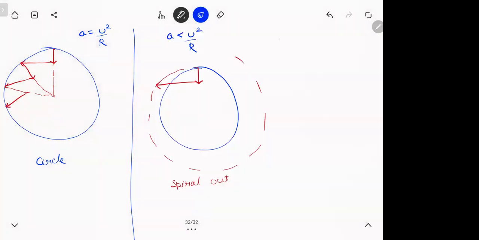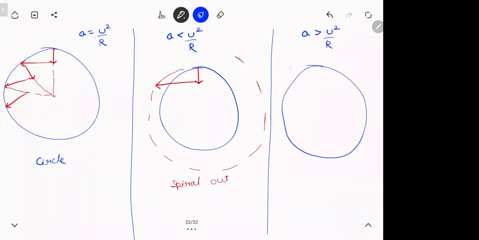So the particle won't go in a circle, it will spiral outside. If you're providing acceleration more than required, means you're pulling more, then you will spiral inside. Are you getting the catch? So if you want to go in a circle with a constant speed, there is only one acceleration which will make you go in a circle. You go with any other acceleration, either you'll spiral out or you'll spiral in.